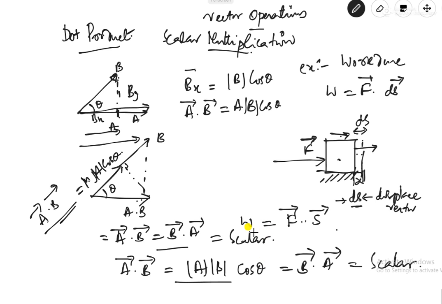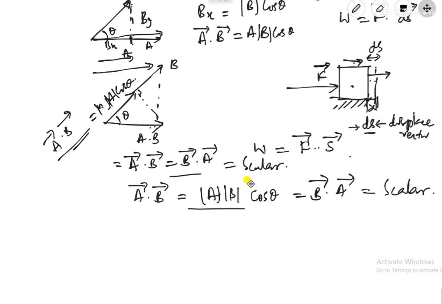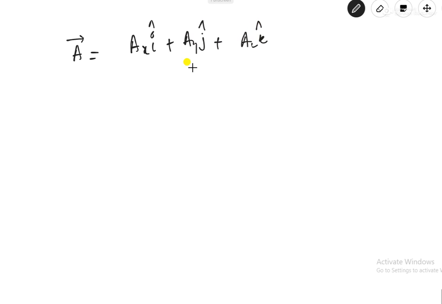So this again you can write down as follows, when you know the angle between them. Suppose you don't know the angle, you can also write it this way. A is a vector, so you can split it into individual components like AX i, AY j and AZ k. And the B vector is again written as BX i plus BY j plus BZ k.